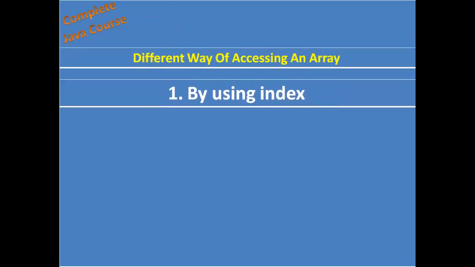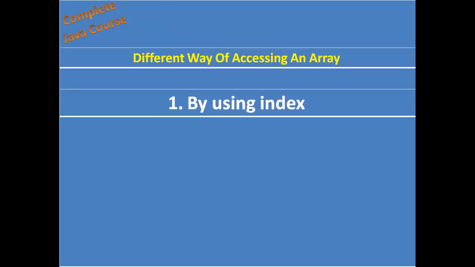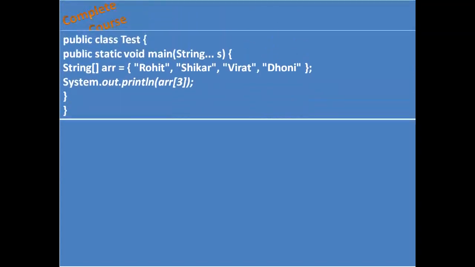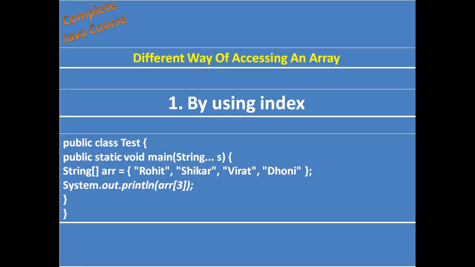Now the different ways of accessing an array. Number 1, by using index. You can get the element from the array by using the index, and the index starts from 0. Suppose here I create a test class, and within the test class I create a main method and define an array.